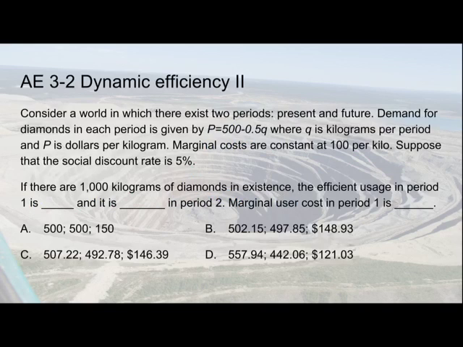So onward we go. To solve these problems, let's first write down the key information. Demand in each period, that's a D, is P equals 500 minus Q, and that's Q1 and Q2. It's the same demand in either period.